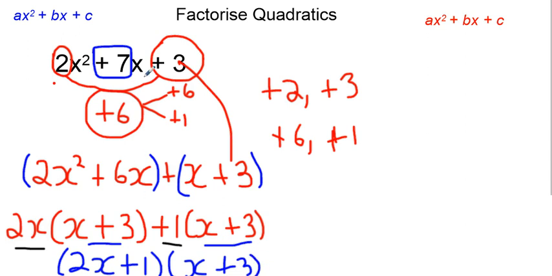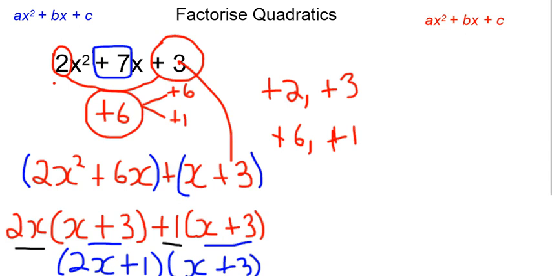Now we have factorized this quadratic expression with the coefficient of x squared more than 1 to this. If you expand this, you will get this answer. There's another video on expanding double brackets. You can watch that to check.